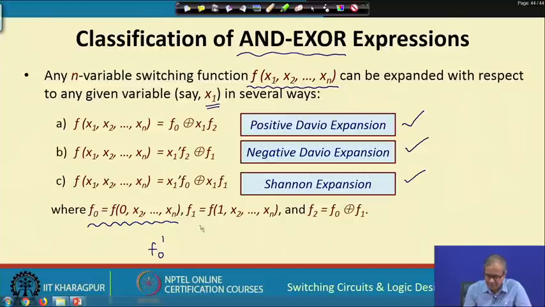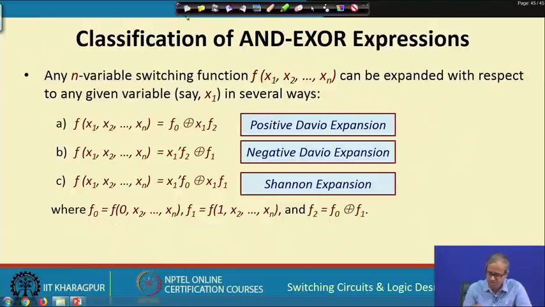And similarly, f 1, which earlier we showed as f 1 1, but this f 1 means the variable is at 1. And we introduce another function f 2, which is the exclusive OR of f 1 and f 0, right.